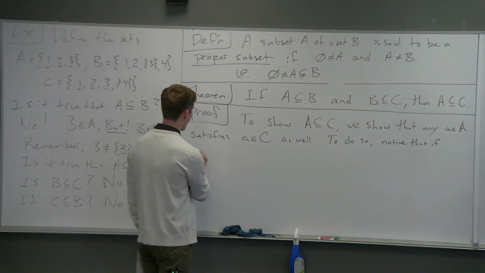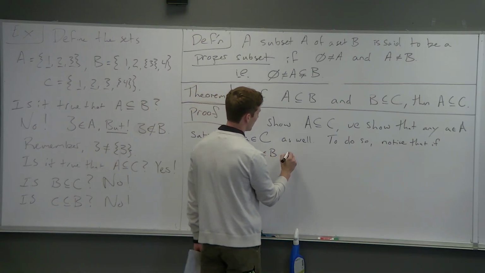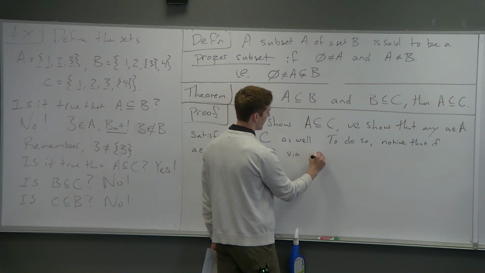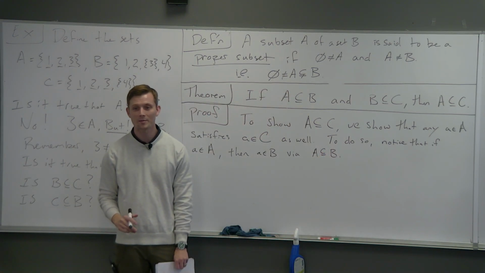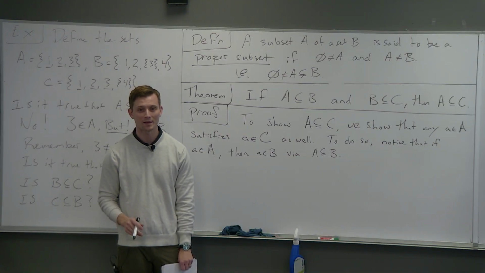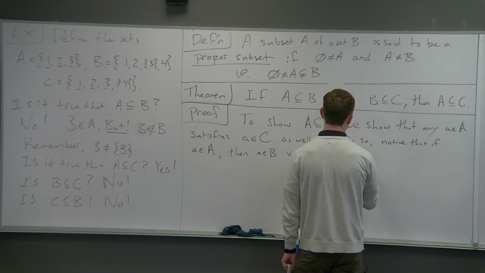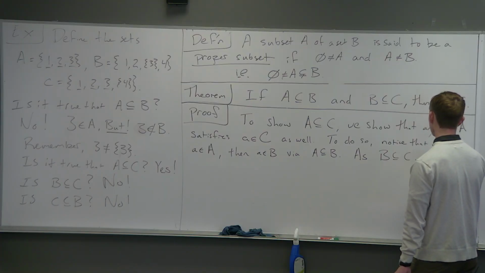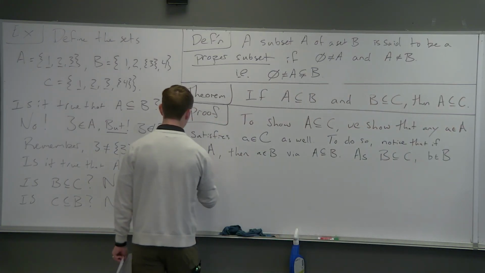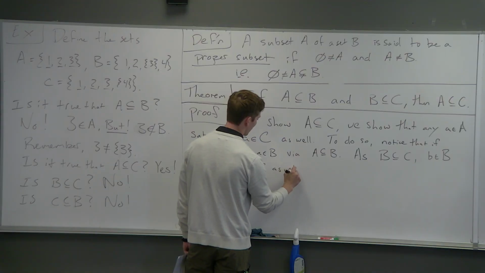to do so, notice that if a is in big A, then a is in B via our assumption that A is contained in B. That is, that A is a subset of B. As B is a subset of C, a little b in big B implies little b is in C as well.